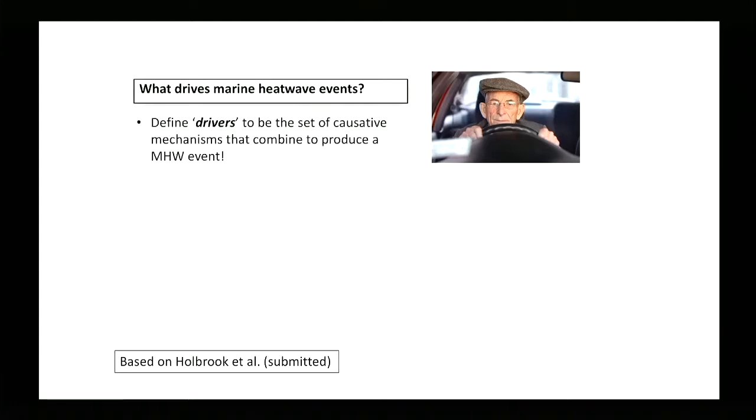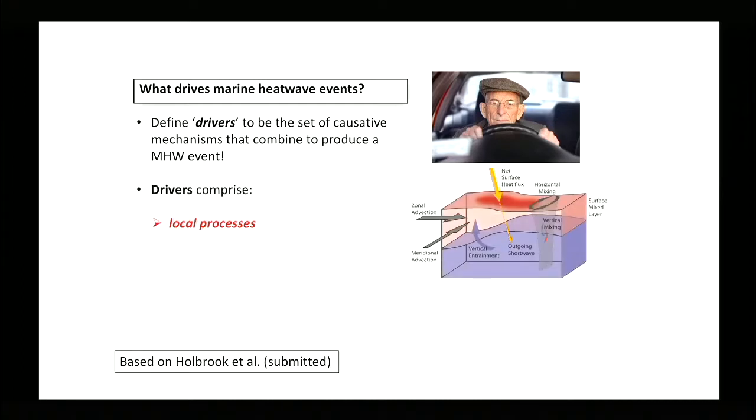Define drivers to be the set of causative mechanisms that combine to produce a marine heat wave event. And drivers comprise local processes, the things that we might try to understand from a temperature or heat budget within a box. So you can see here, this is a classic kind of box where you might look at changes that occur above the mixed layer. You've got net surface heat flux through the surface that acts to heat, so the short wave, long wave balance.